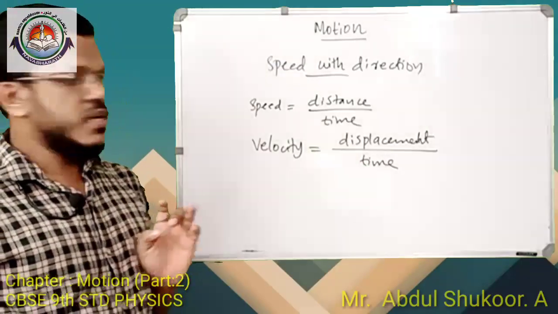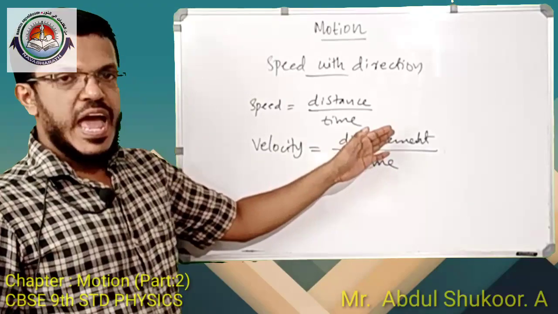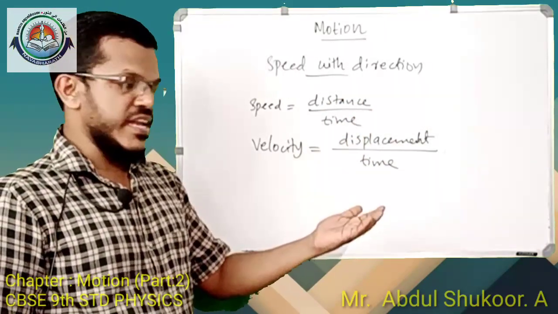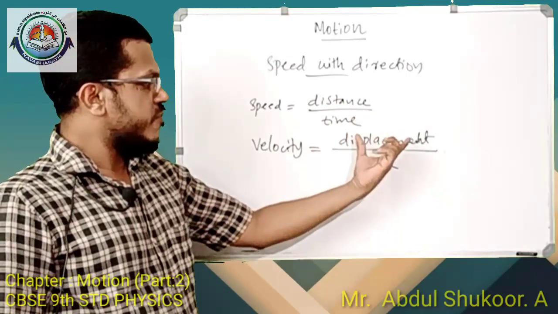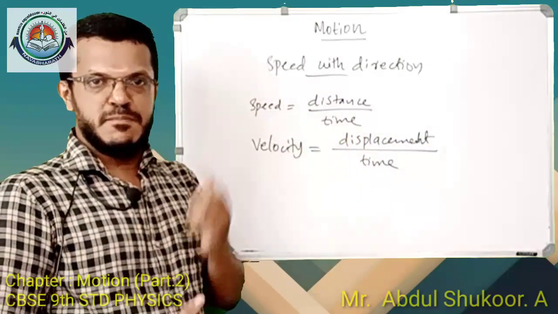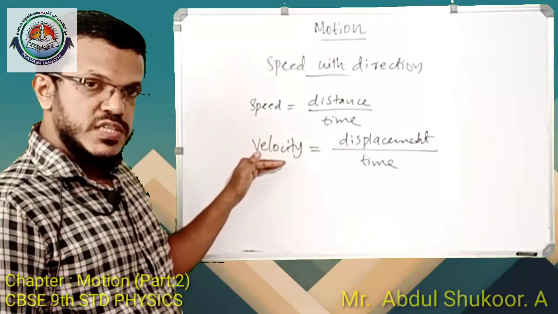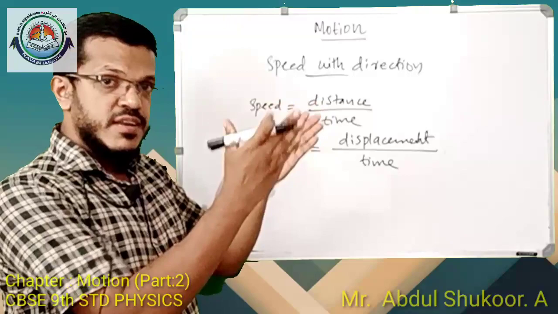That is, velocity is equal to displacement by time. We know that displacement has both magnitude and direction. In the last class, we discussed that displacement has both magnitude and direction. Like that, since displacement is used here, velocity has both magnitude and direction.